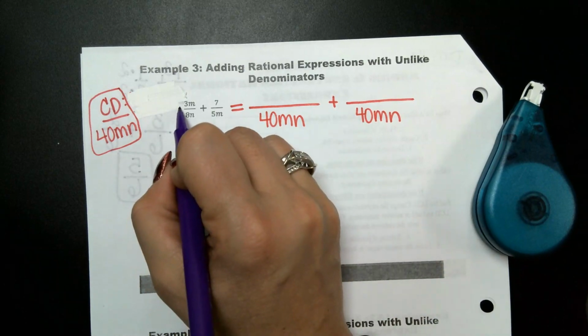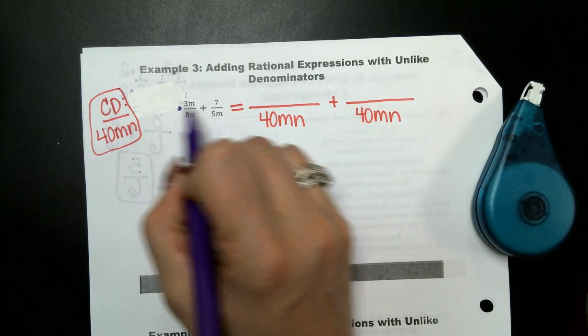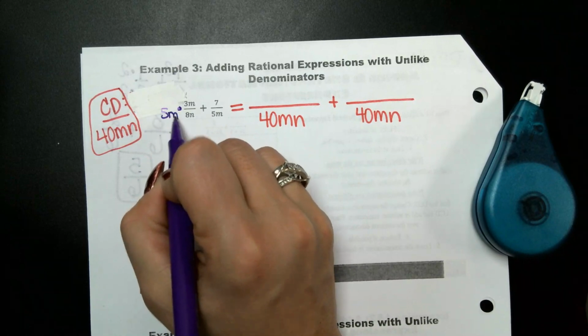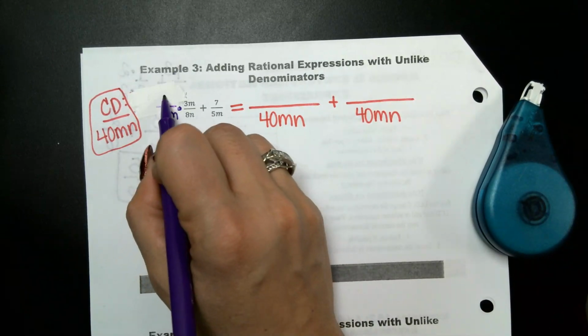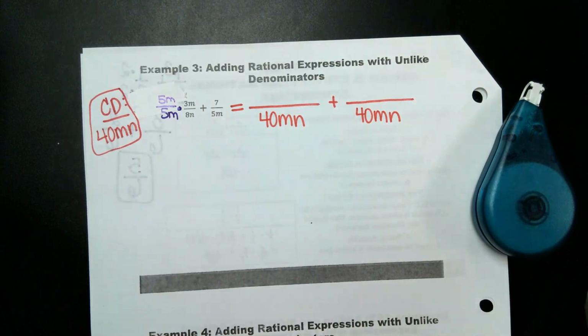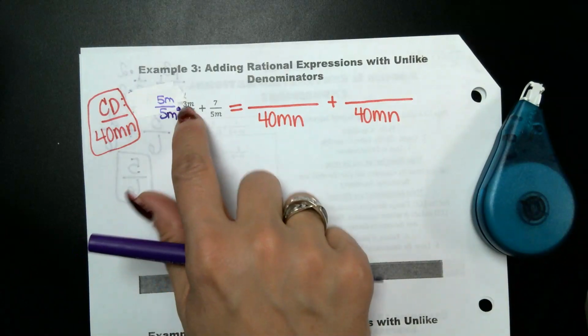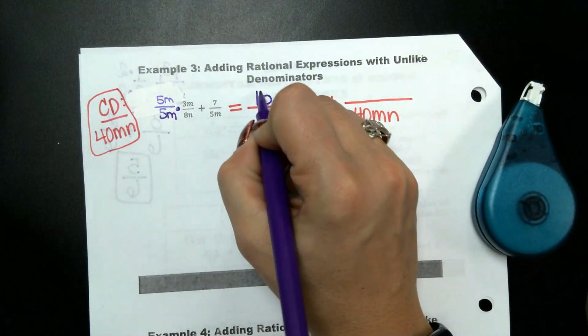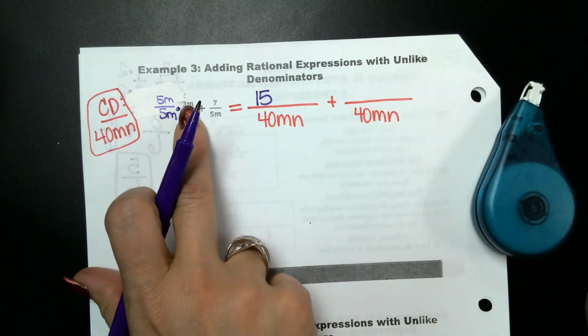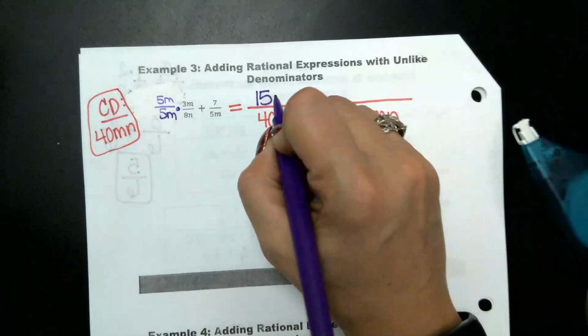Times 5m. And whatever you multiplied the bottom by, don't you have to multiply the top by? Now listen, we are multiplying now. So 5 times 3 is 15. And what's m times m? M squared.